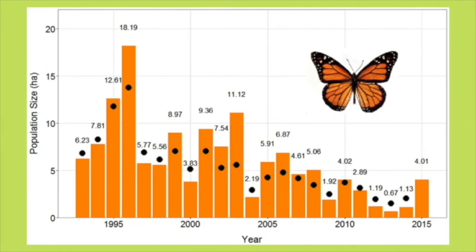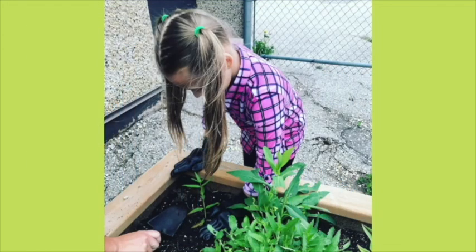To use the same example of the monarch butterfly, you can see in this graph here that the population size has been shrinking over the last 20 years. Although populations can go extinct, we can also help them to grow again and become a thriving population. Our school garden helps monarch butterflies by providing them lots of food on their journey.